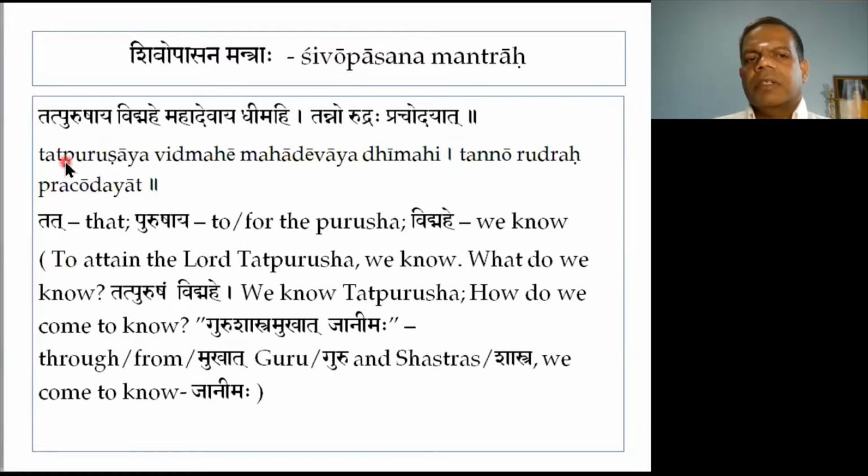First, let's look at this Tat Purusha, where Pu is a Sandhi. So it's Tat and Purushaya. Again, this Sha is the cerebral Sha, so the tongue should point up towards the roof of the mouth. Tat Purushaya. Tat means that.